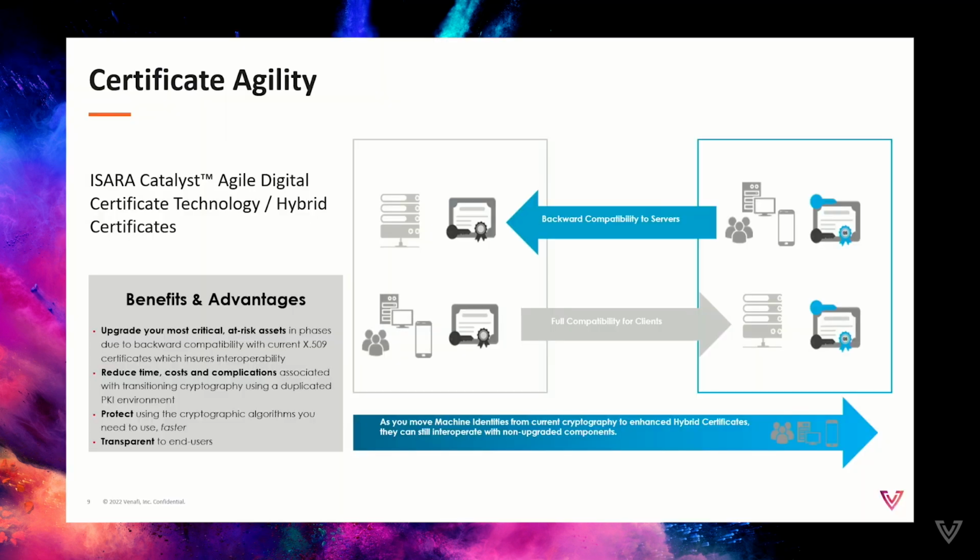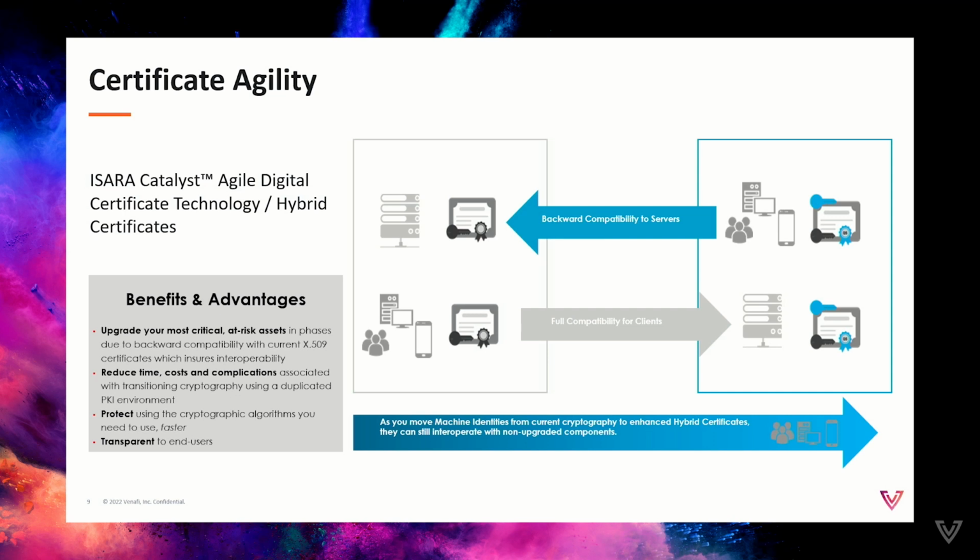And that brings me to another type of agility that we want to talk about today. So the topic of certificate agility. Now, of course, we've talked about discovery, finding and inventorying, and being able to manage and remediate your existing cryptography for all those reasons that we've both talked about.